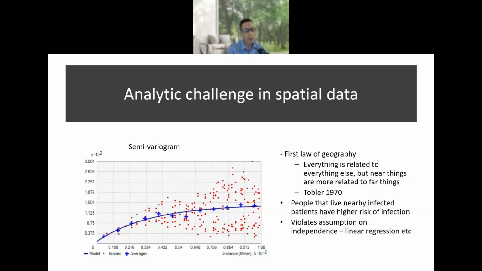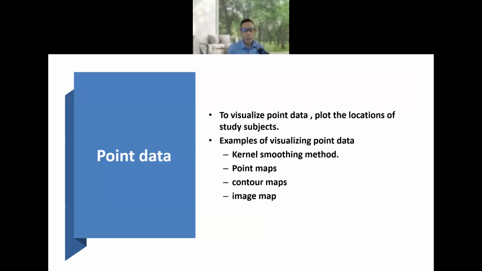So you have to have special or specific analysis to take into consideration this first law of geography, meaning that people who stay nearby are more similar compared to people who are staying further away. You can check this using a semi-variogram.